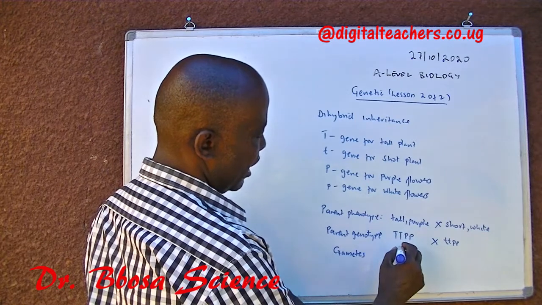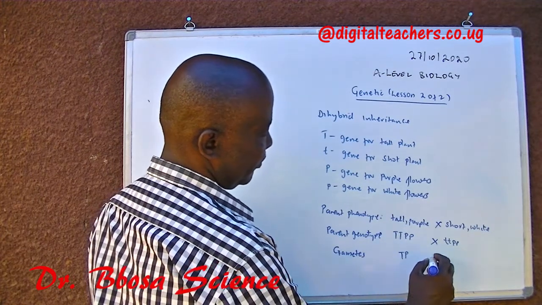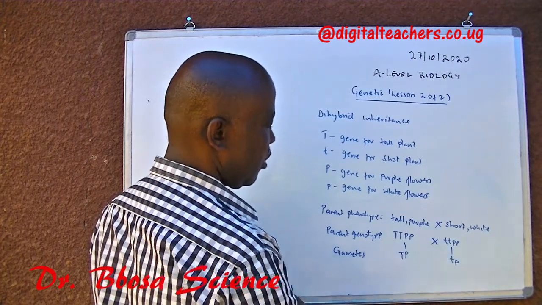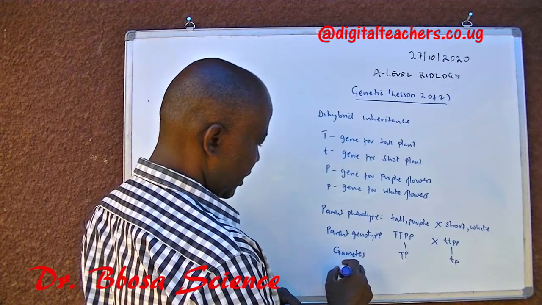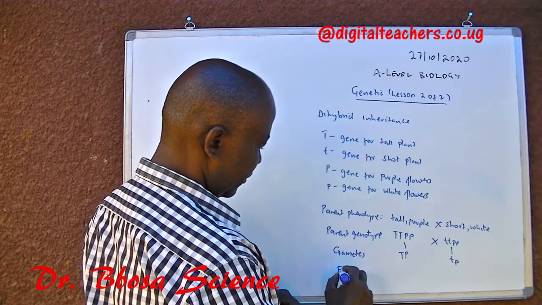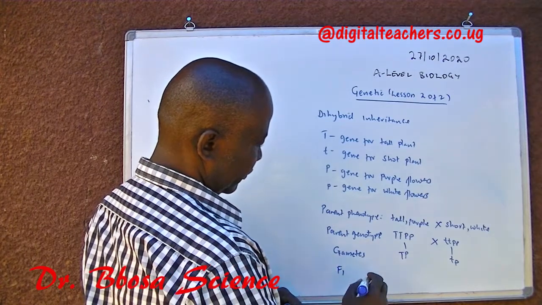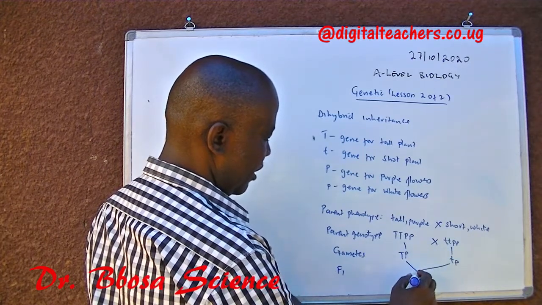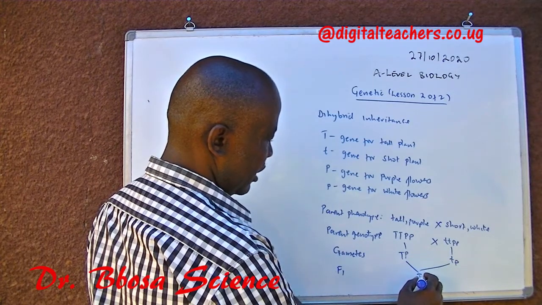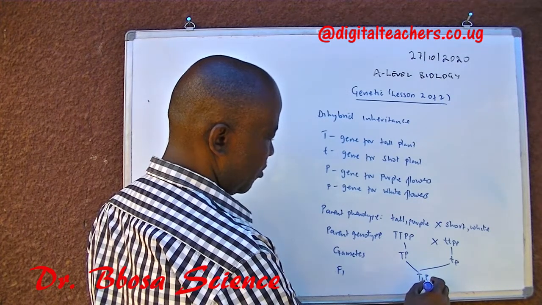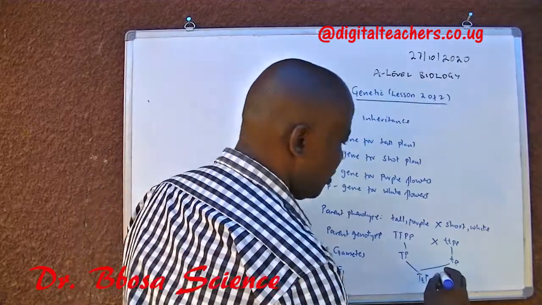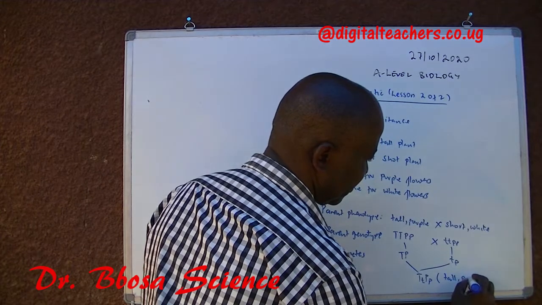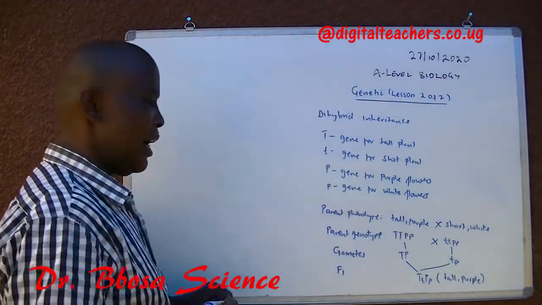Then gametes: here all will have capital T, capital P. Here you will produce gametes of small t, small p. Then offspring F1, we shall have these coming together, then we shall have capital T, small t, capital P, small p, and all of them will be tall with purple flowers.